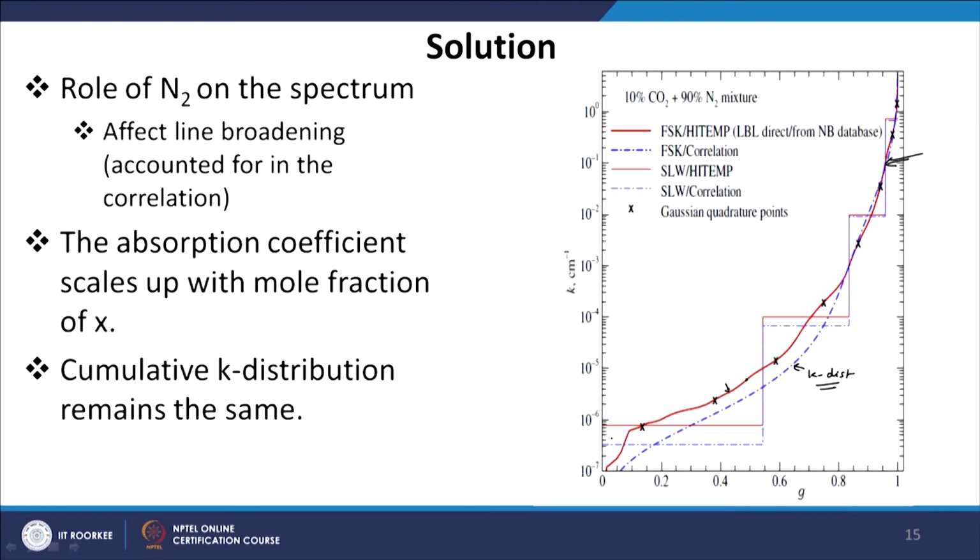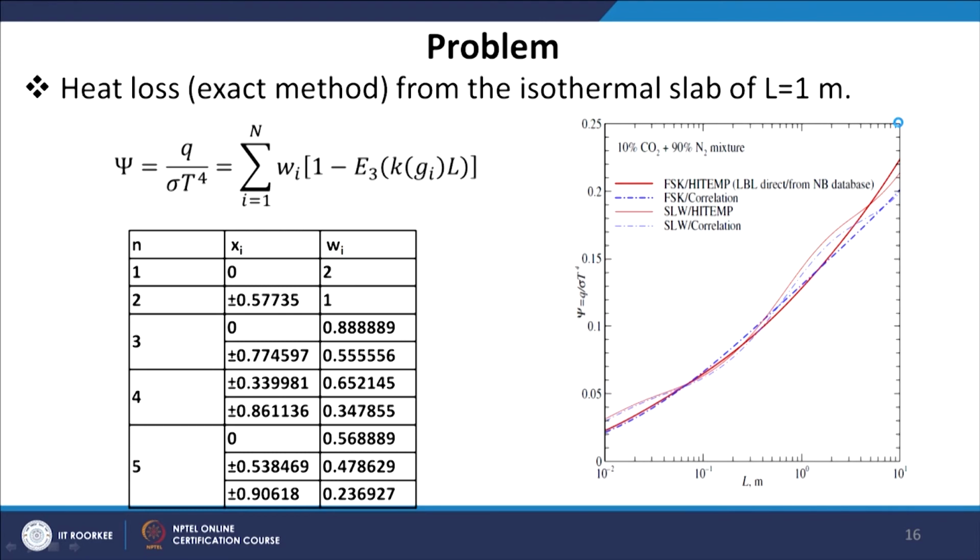Now we want to solve for the heat flux. For the heat flux we need to integrate, so we choose some points marked by cross. The non-dimensional heat flux, we evaluated this in the previous lecture also, for the weighted sum of gray gases.